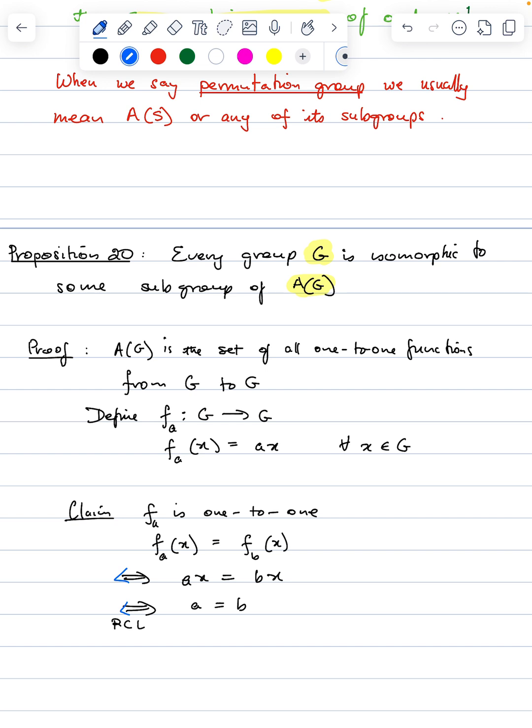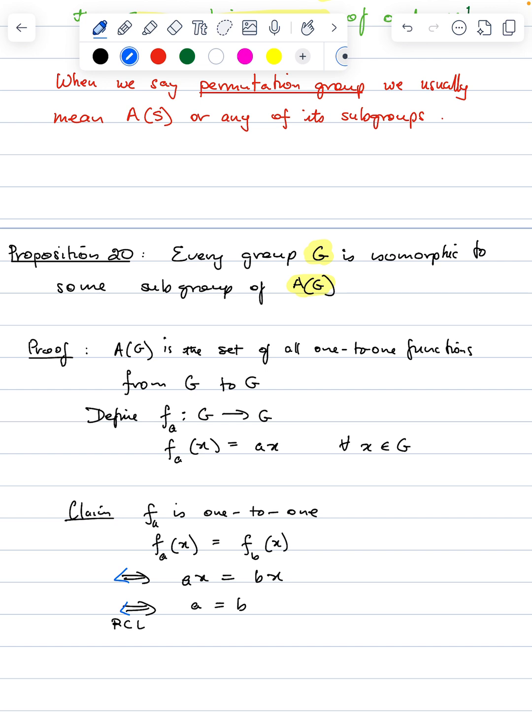In case you were wondering, is F subscript A really a function? Well, the opposite implication establishes that, so it is well-defined. A equals B implies AX equals BX, implies FA equals FB.